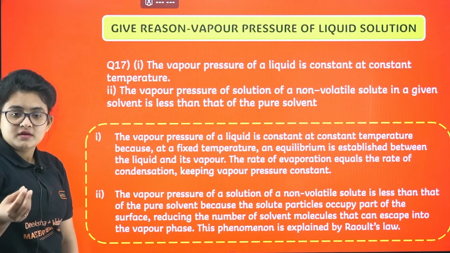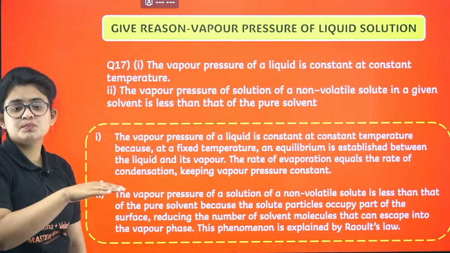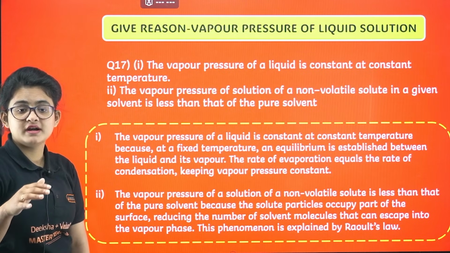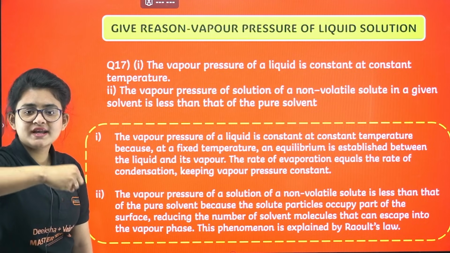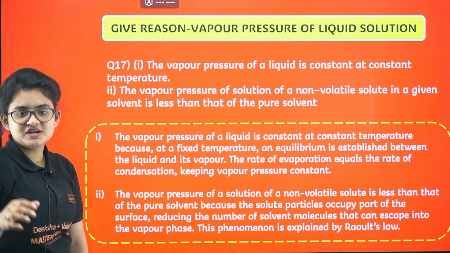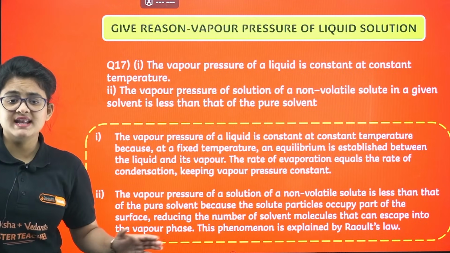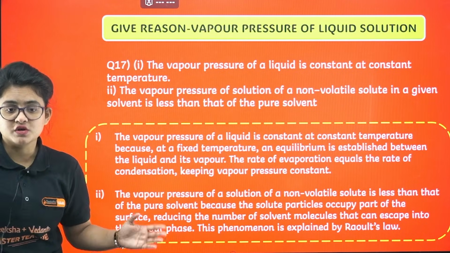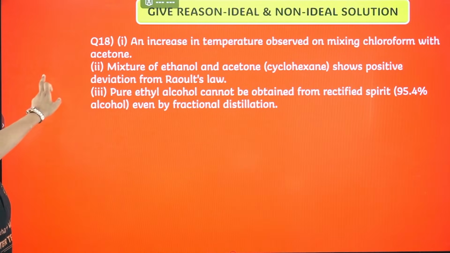Vaporization takes place from the surface, right? If the surface is blocked by the non-volatile solute, then how will it evaporate? Not possible. So as a result, vapor pressure decreases, and it is less than that of the pure solvent. I guess it's clear. Let's proceed.